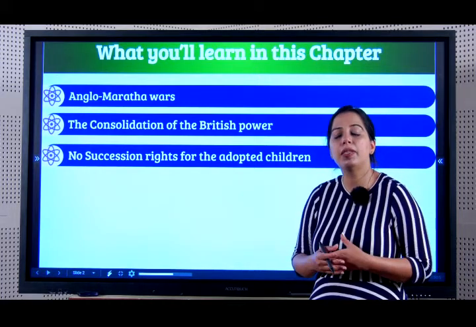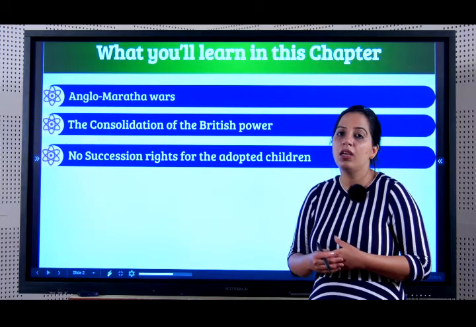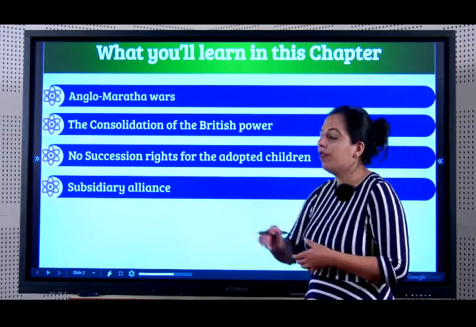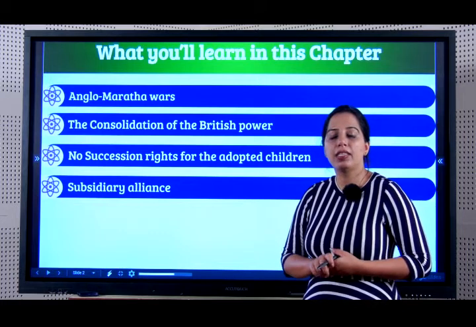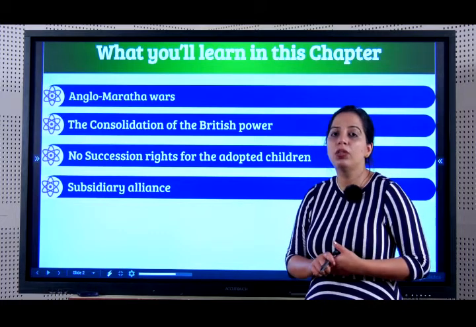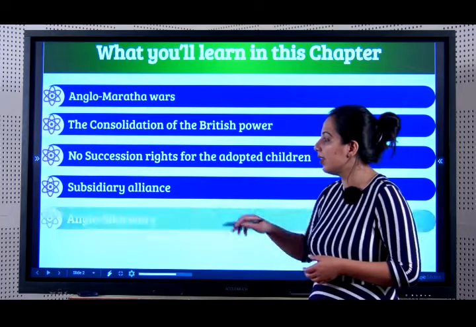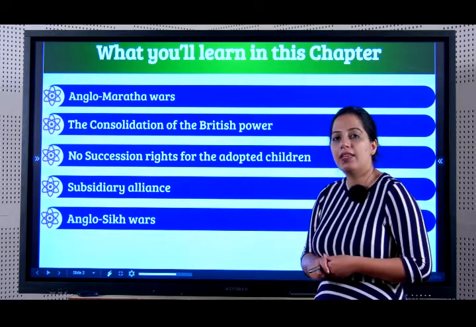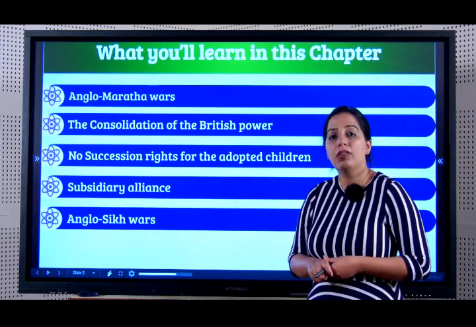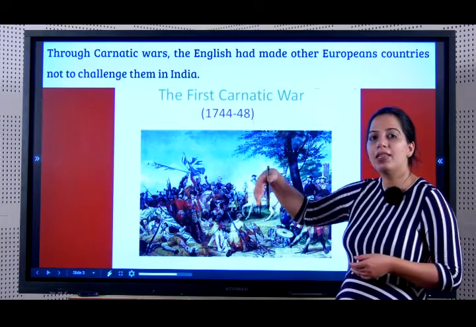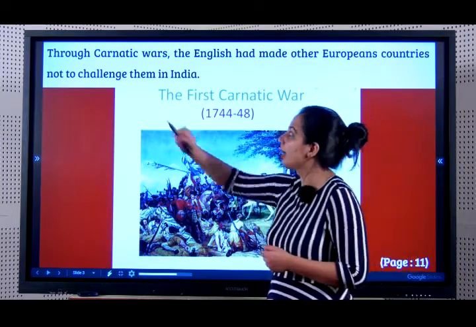Because of this, the British came up with a policy called the Doctrine of Lapse. We will learn about that as well. We will also learn about another policy adopted by the British to annex a lot of Indian kingdoms, called the Subsidiary Alliance. Lastly, we will learn about the Anglo-Sikh Wars. Okay students, now let's begin learning the chapter.